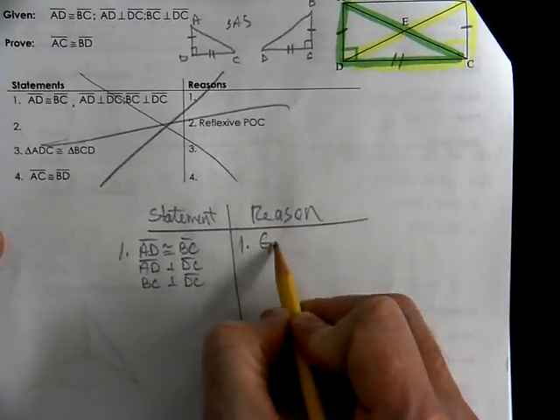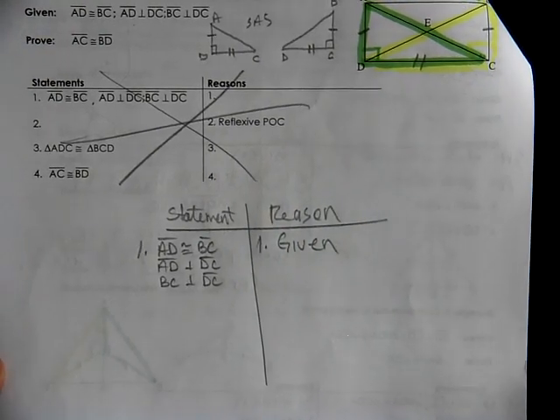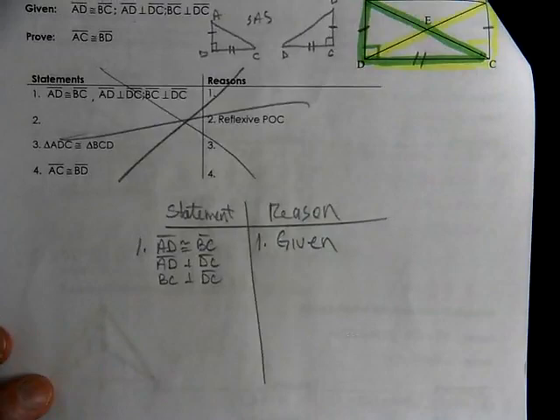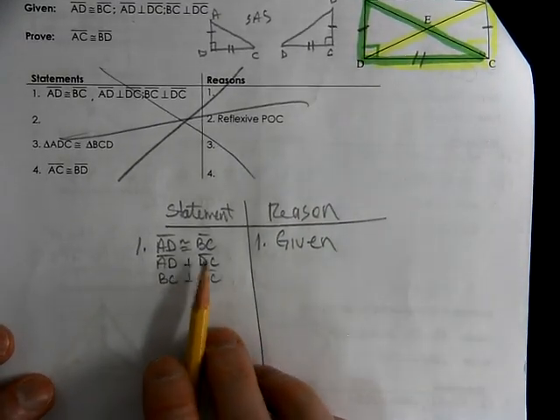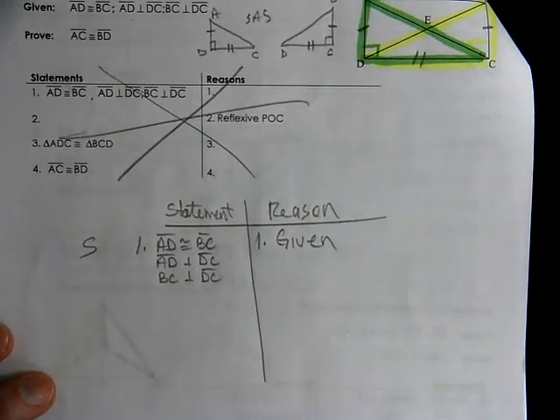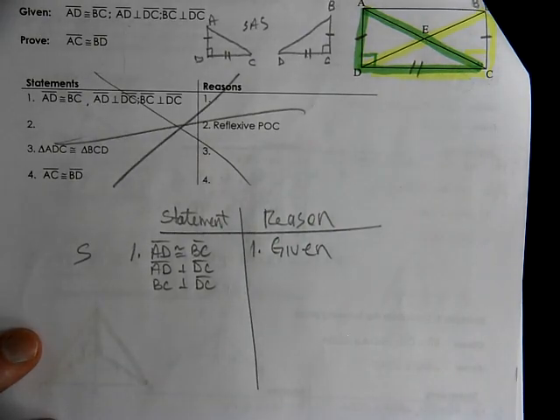That's all part of my given. Now, from that information, we only get an S out of that. I need more information. What is something else I know for sure?